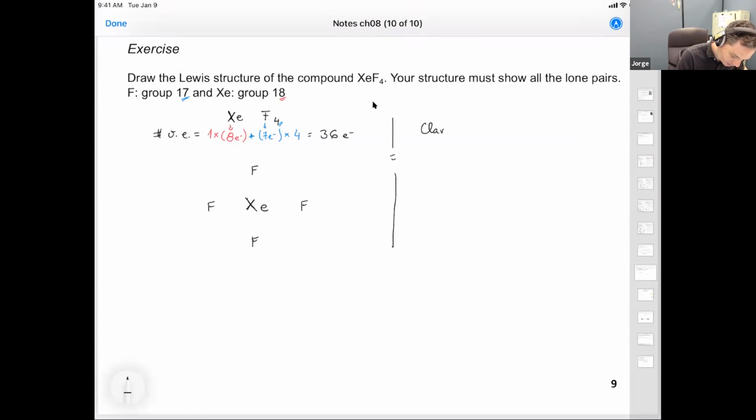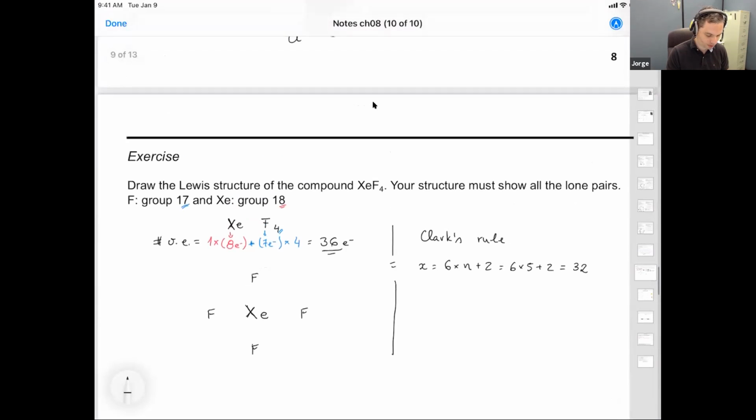So now let's use Clark's rule. Clark's rule is going to compare X, which is 6 times the number of non-hydrogen atoms in the structure plus 2. That's 6 times 5 plus 2, and that is 32. Now we are going to compare X with the total number of valence electrons.